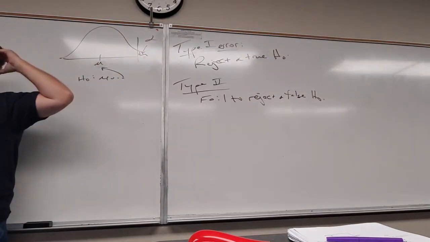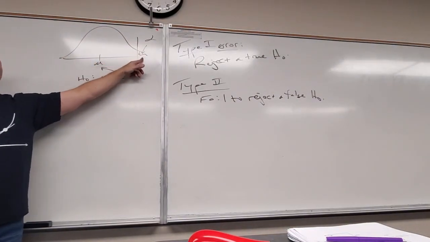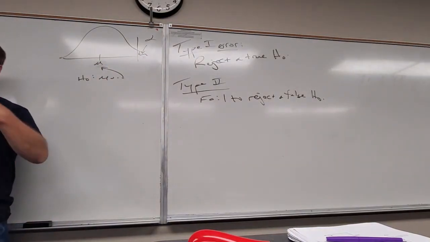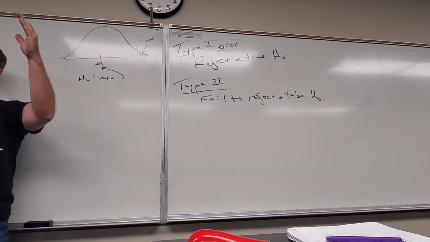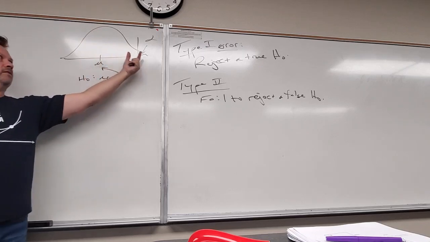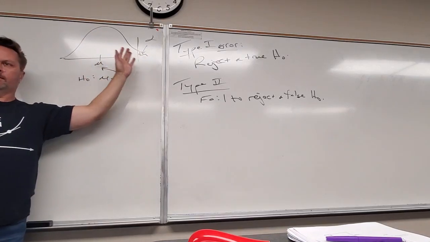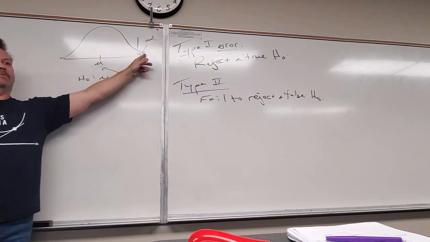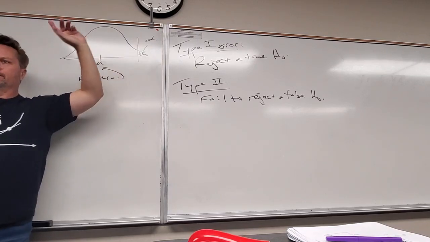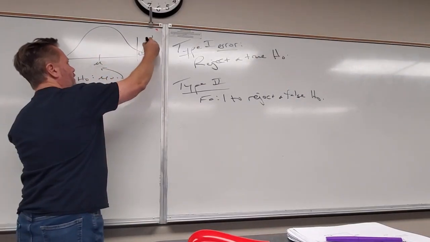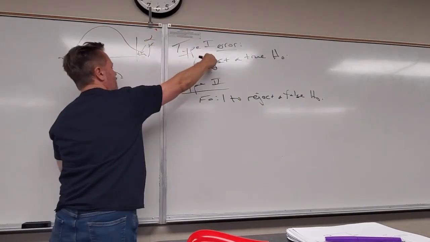That's the whole idea. Alpha is the area in the tail or tails. How does that relate to probability? It exactly equals it. We know that in a visual of a probability distribution, if the whole thing is 1, the area equals the probability. So let me say this again. If this is really where the mean is, what is the likelihood that we get a sample in here? Alpha. If I get a sample in here and that is the real mean, we have made this kind of error.